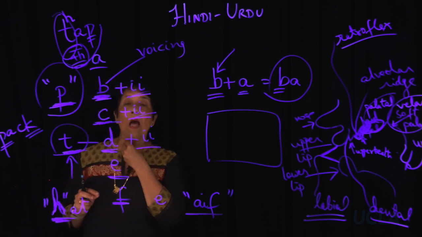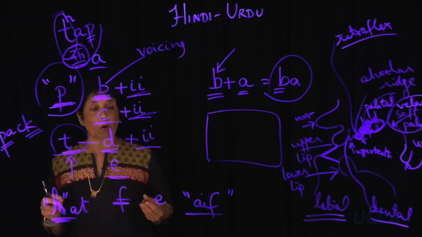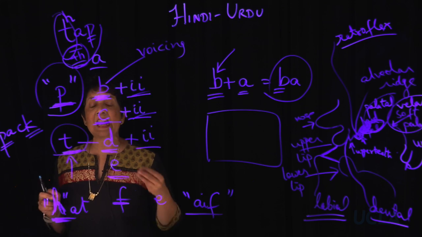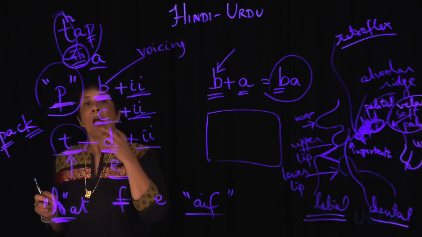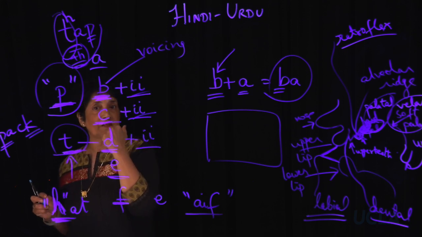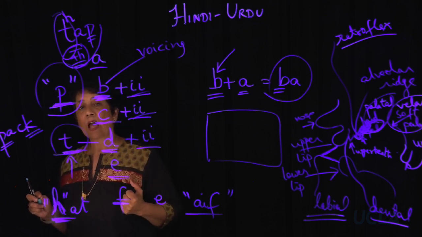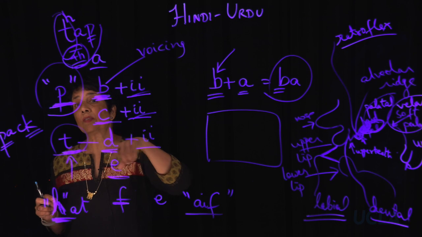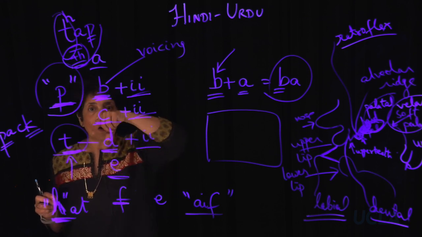In English, for example, when we say n, we are blocking the airflow at the alveolar ridge. However, you can continue to say the sound and air is flowing out through your nose.